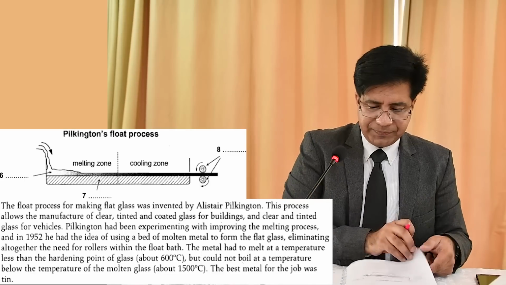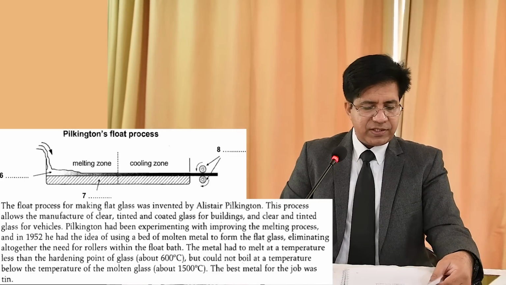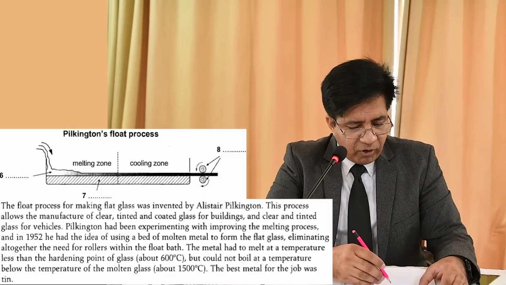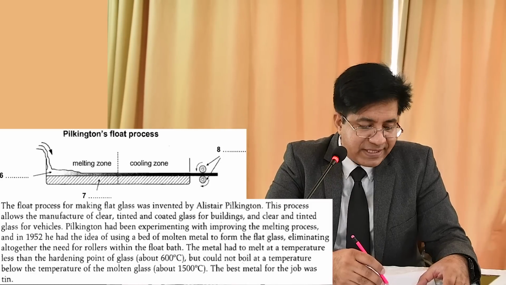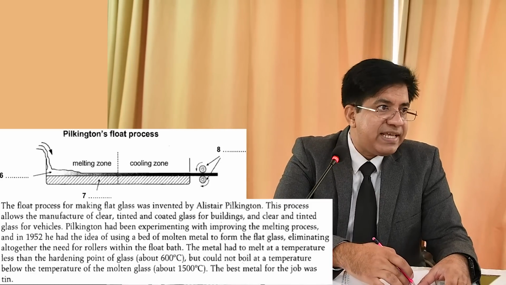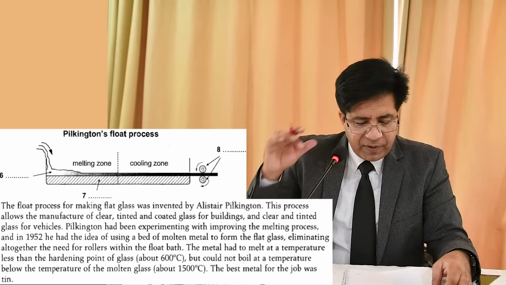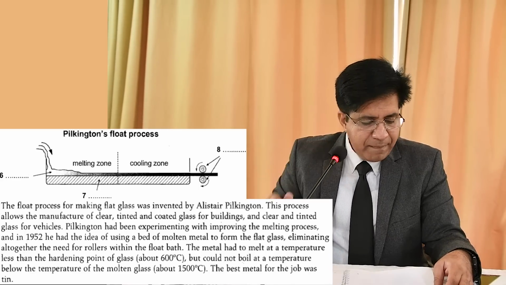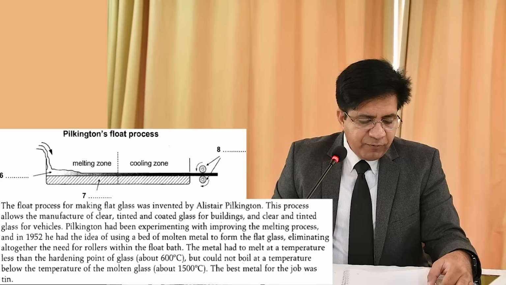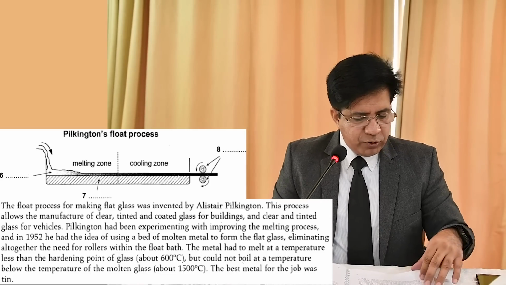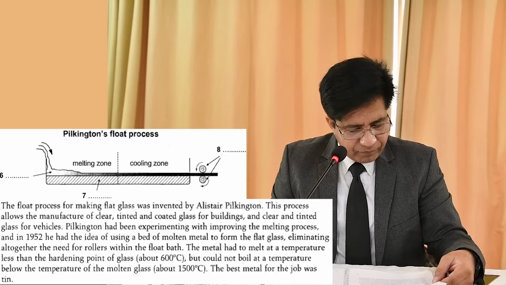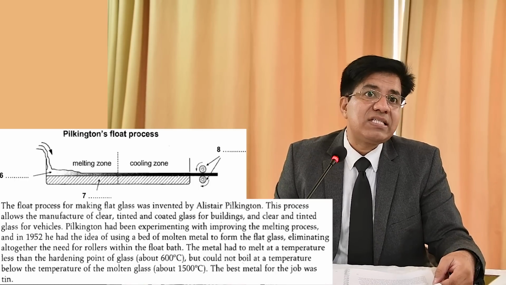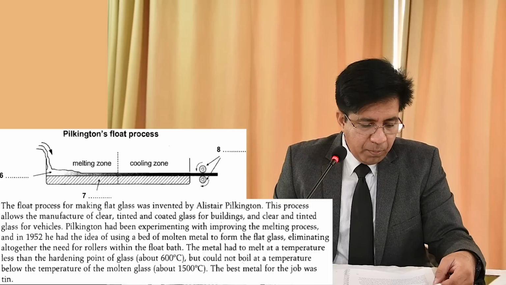Okay, now listen. There are two to three things. Best metal for the job was tin. This tin is basically the answer of question number 7. That surface which they have at the bottom, that is what they call tin or metal. And what they have in the melting zone, if you just come back, is molten glass.